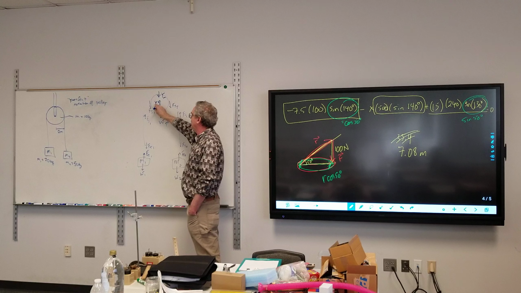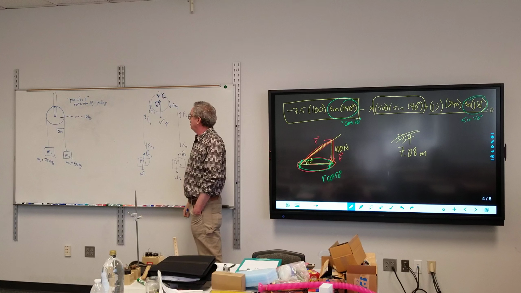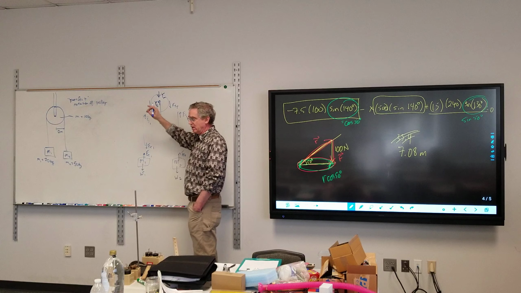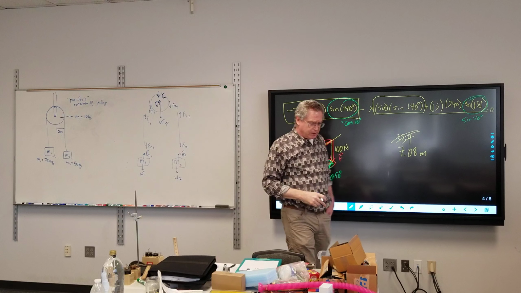That's the same as saying, can you make weight 1 and FT1 different, even though it's on the same mass? The pulley has this normal force acting up on it and it has this weight acting down on it. Okay. Whatever, we're not going to be using that, whichever we have.